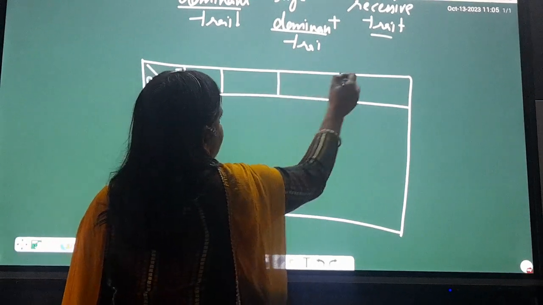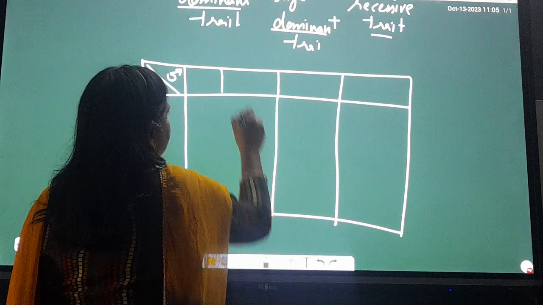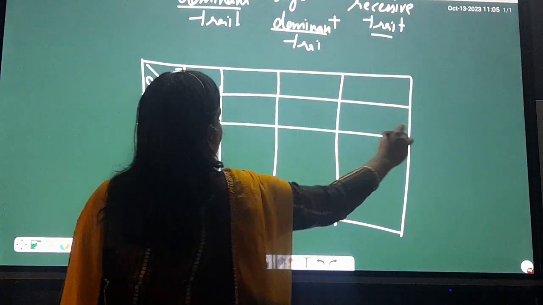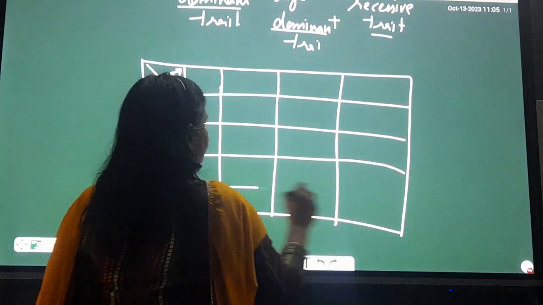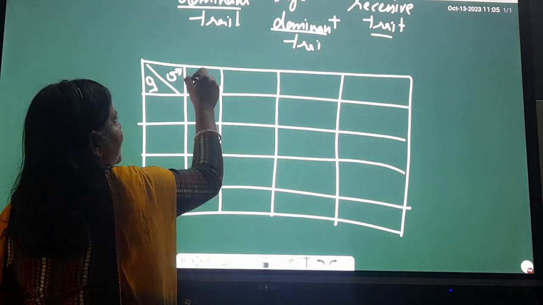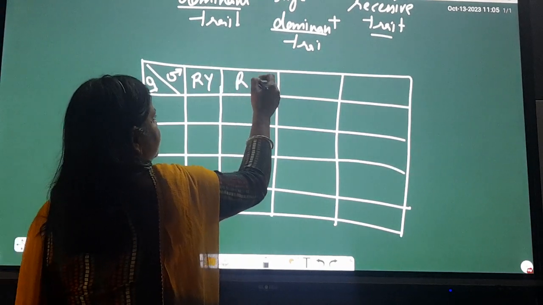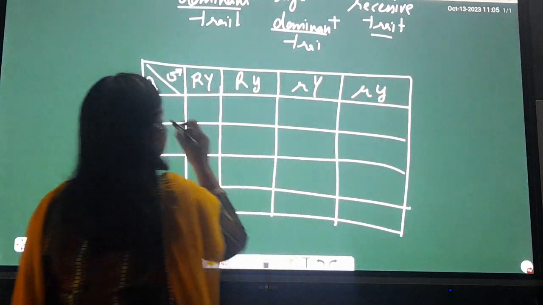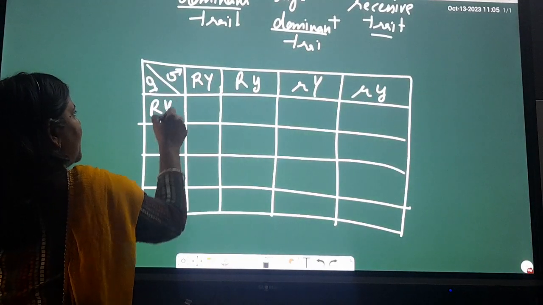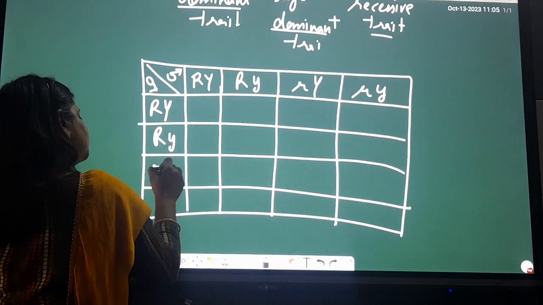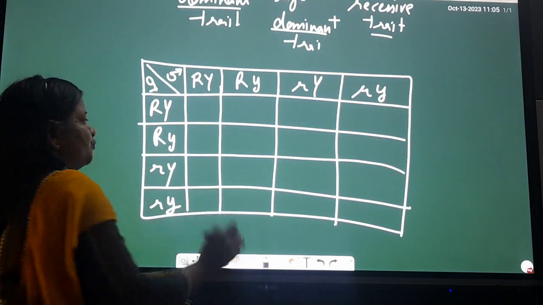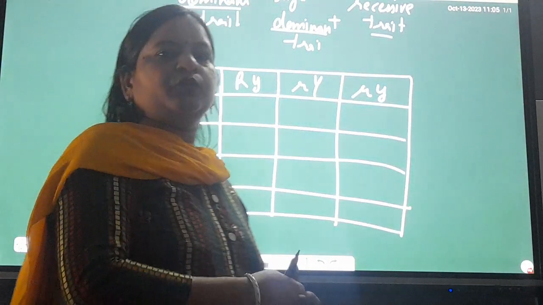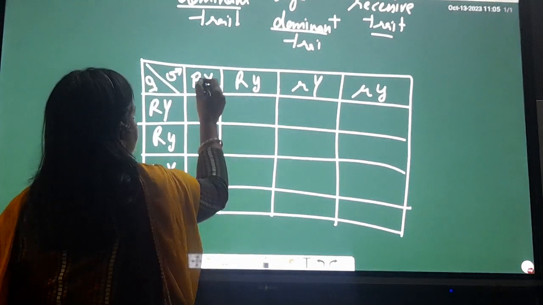There are 4 types of gametes above and 4 types below. Doing the Punnett square, you can make the different combinations.